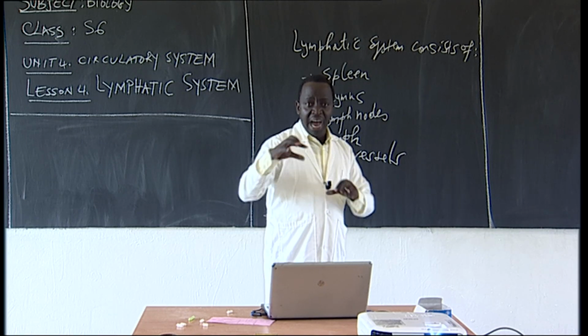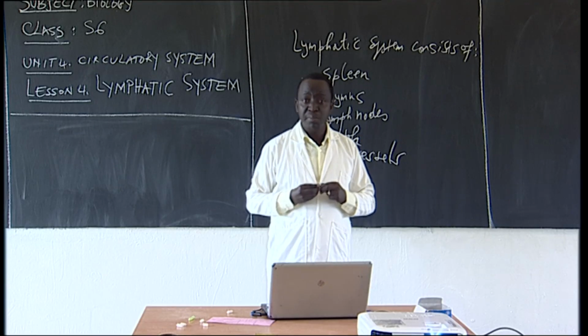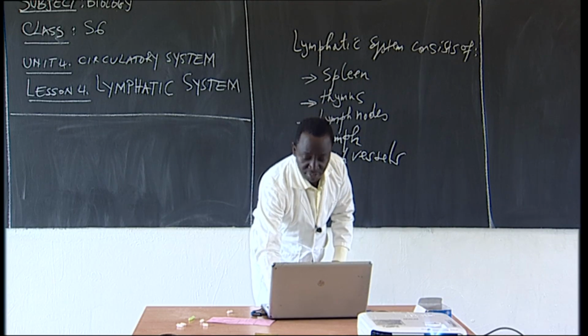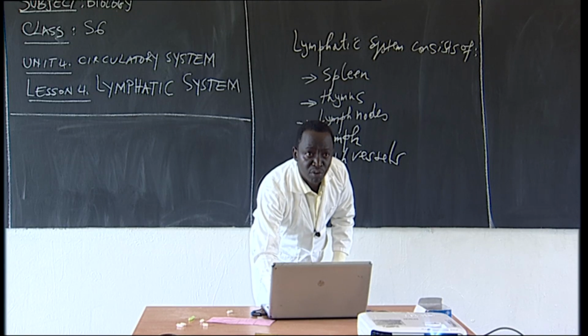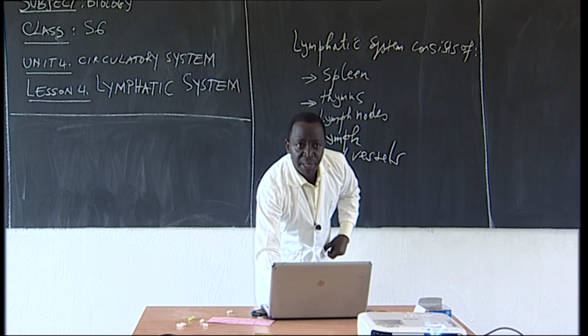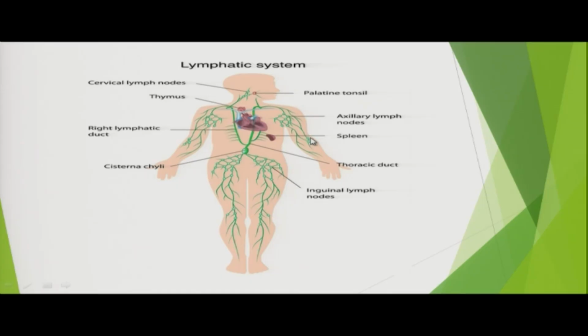Then what you have to know about this: when those bacteria are engulfed, they can also be accumulated in the lymph nodes. Those lymph nodes are found everywhere in the body. So if the bacteria are accumulated in the lymph nodes, what's going to happen? Sometimes those lymph nodes are going to swell. Have you seen this when you get a disease, for example?